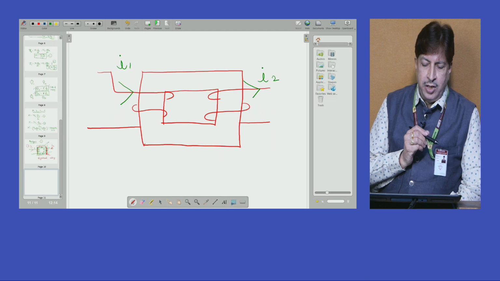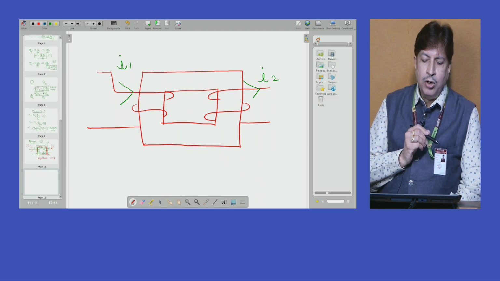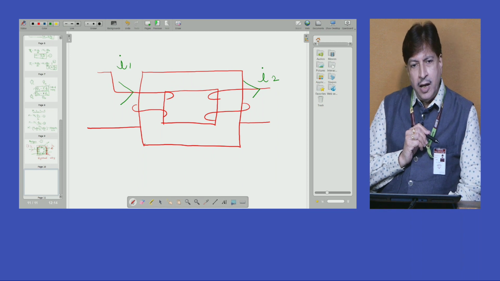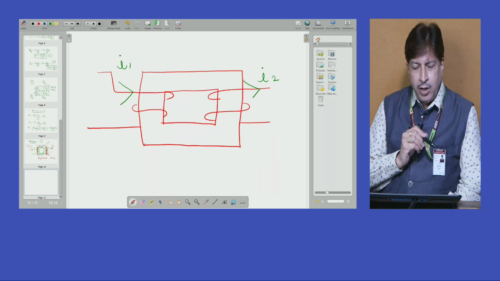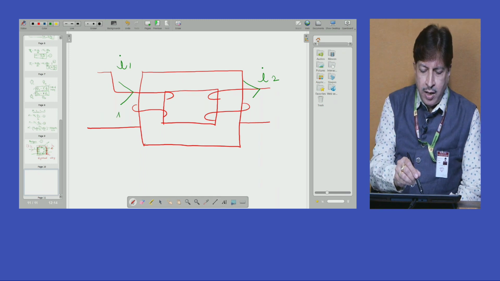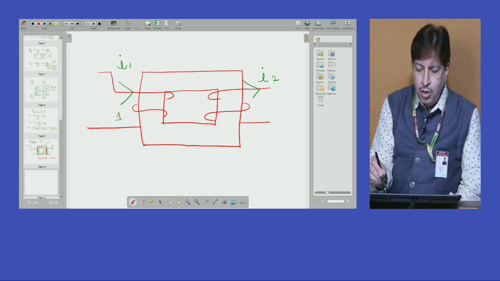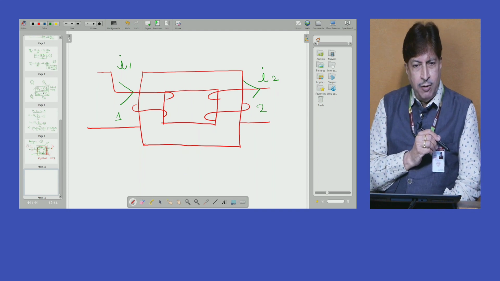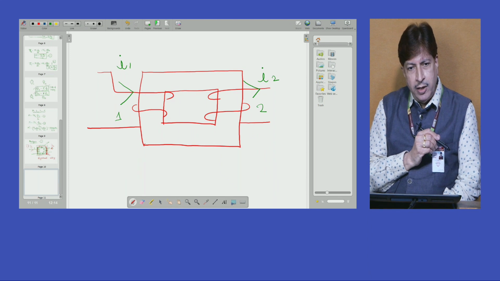Now my question is, I want all of you to mark the directions of fluxes in coil number 1 and in coil number 2, and also to identify whether the fluxes in both the coils are in the same direction or in opposite directions.